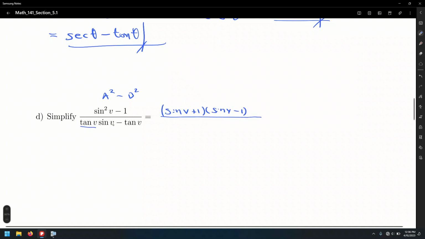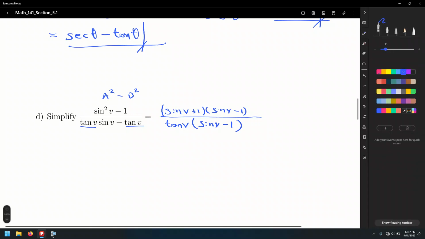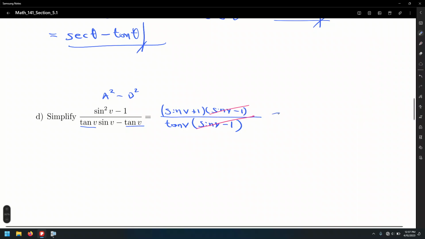And then notice how we have a tangent as a common factor in the denominator that we can factor out: tangent v times sine v minus 1. And notice how we can divide out the sine v minus 1 factors. And we're going to be left with sine v plus 1, the whole thing divided by tangent v.